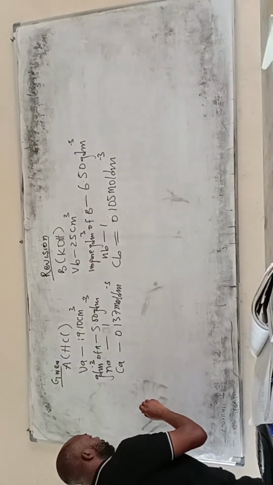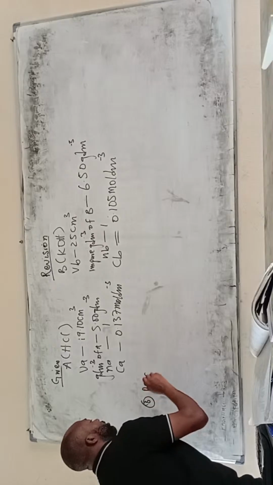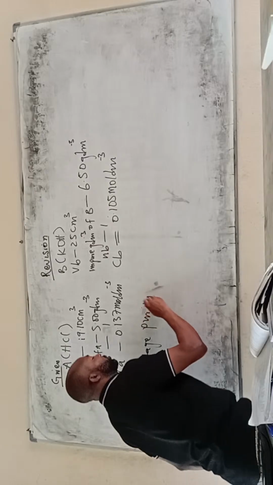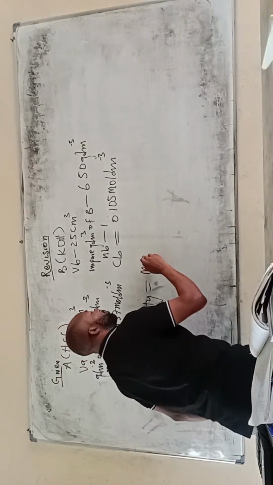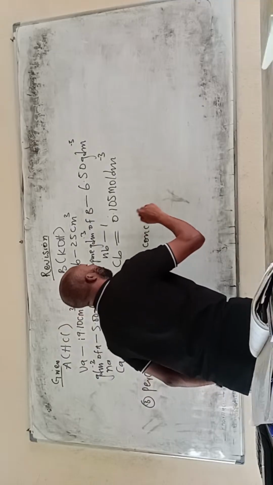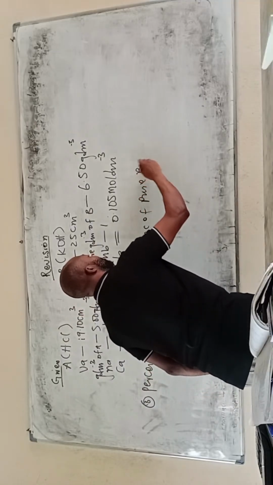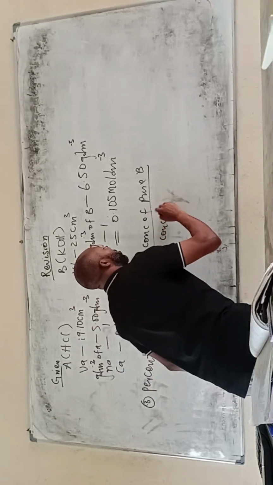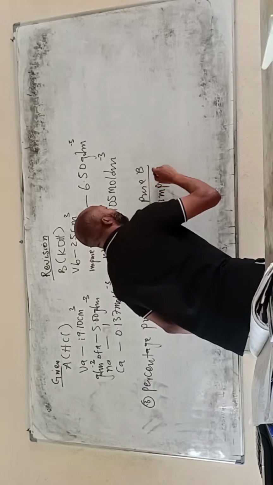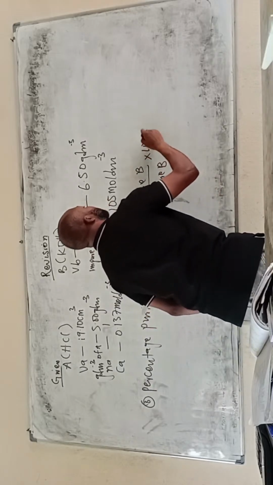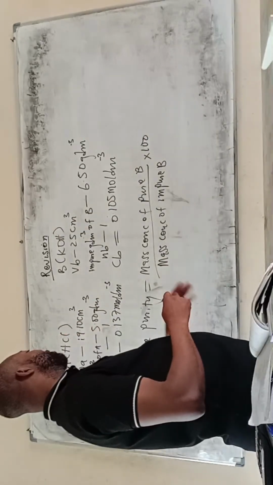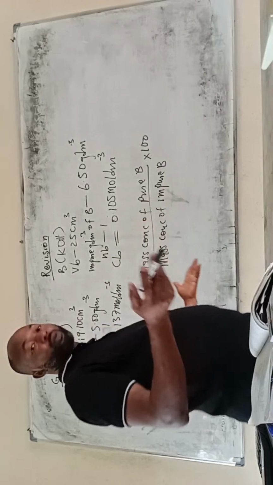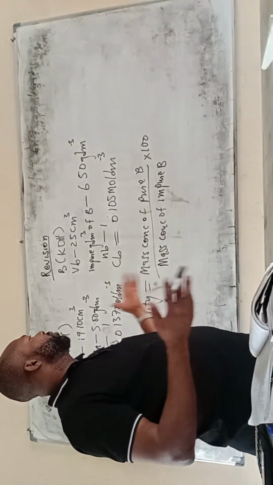Thirdly, percentage purity, which is mass concentration of pure B over mass concentration of impure B times 100. Now, they give us the mass concentration of impure B, which is here. The mass concentration of pure B, we don't know.